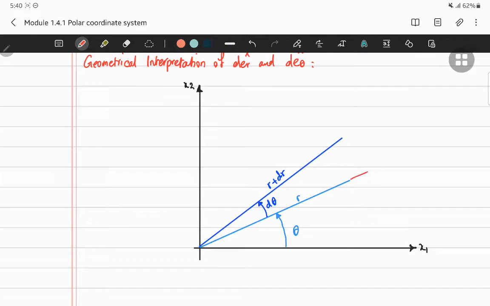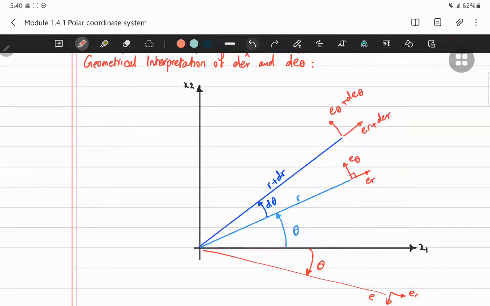I know that this is er and this is e theta, and of course this is er plus d er, and this is e theta plus d e theta. And remember that I put e theta perpendicular to er, but in the direction of increasing theta. So if you assume that, for example, theta is increasing in this direction, then you have to define this is er and this is e theta.